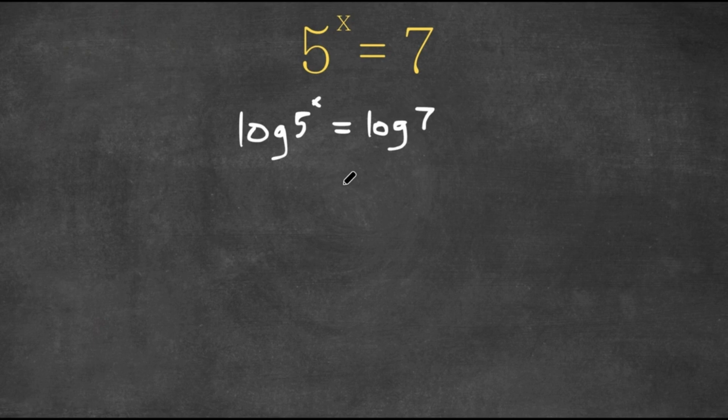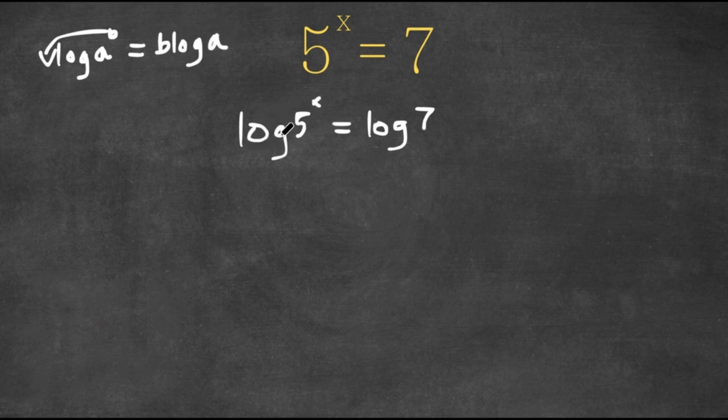So now an important property of logarithms is, let's say we have log a to the power of b. The power property of logarithms states that we can actually move this exponent here, b, into the front of the log, meaning this would equal b log a.